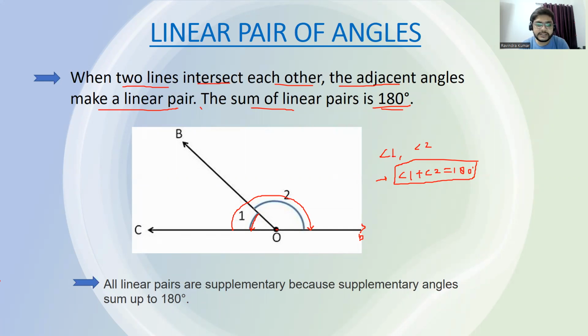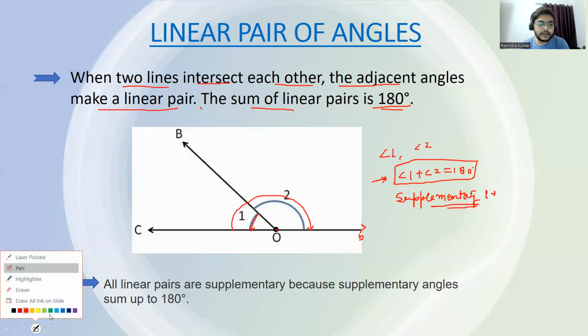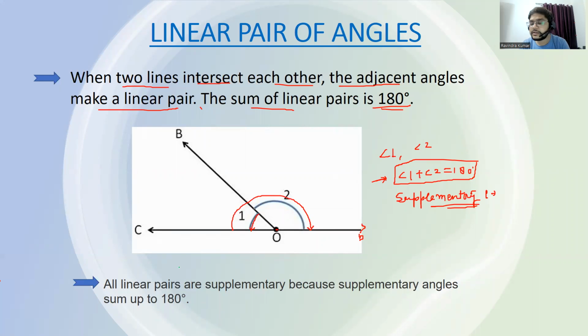So it is easy to understand. Now there is one more thing we already discussed: supplementary angles, right? Do you remember it? What is meant by supplementary? Supplementary means the sum of two angles is 180 degrees. You can see from here that angle 1 and angle 2 sum up to 180 degrees.